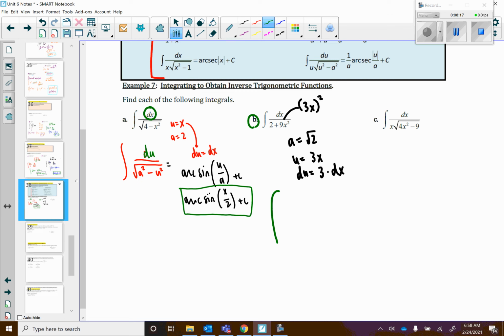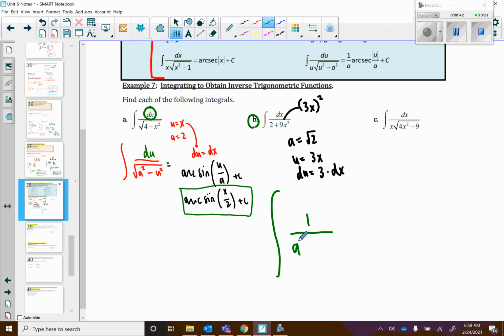So the integral of, instead of 1 over 2 plus 9x squared, I'm going to write this as the square root of 2 squared plus 3x squared. Well, actually, I guess I could do a and u, right? Because that's what we have defined as a and u.